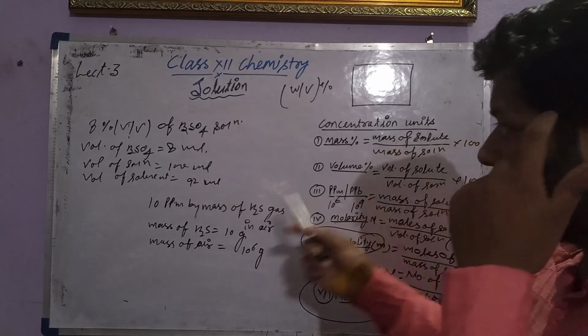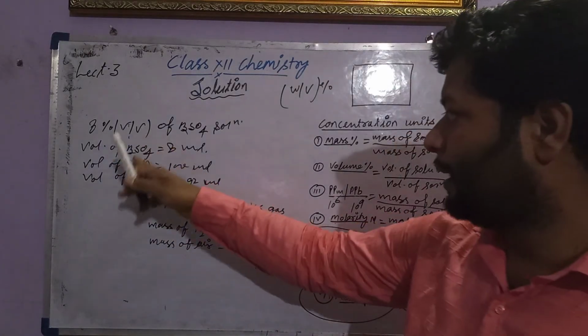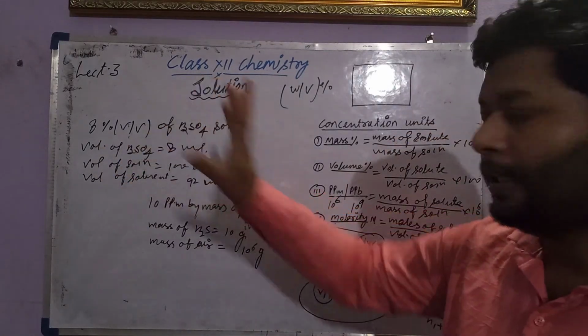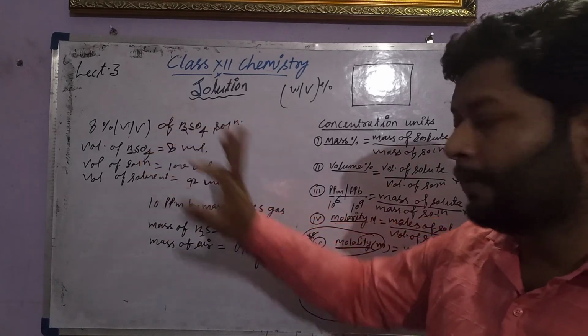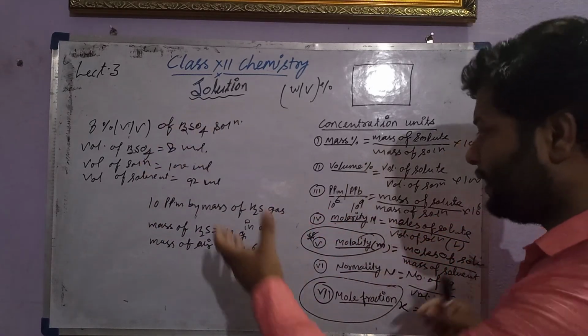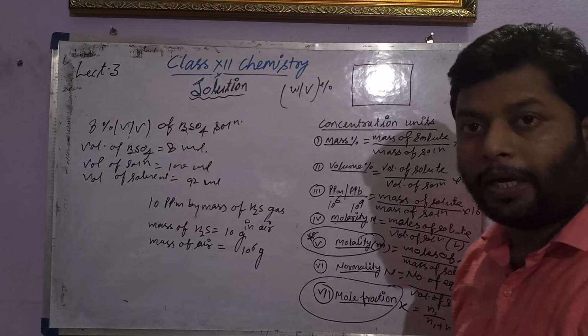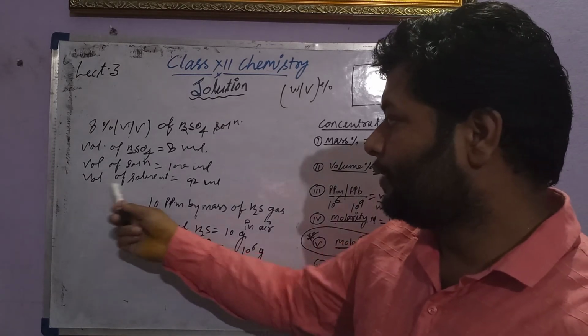Suppose there is a mass upon volume percentage given here. Suppose this is a volume percentage given. So how do we get the value of molarity with the help of this formula? You can see there is a volume of solution given.